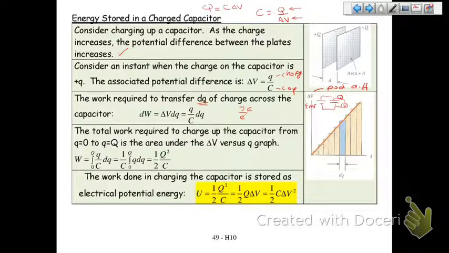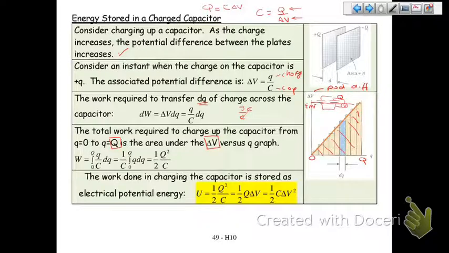The total work done to charge up the capacitor from 0 to big Q is the area under this graph, where this is 0 and this is big Q. The common mistake is, because you're given big delta V and you're given big Q, to multiply those two together. If you did, you'd be taking that square, which is clearly not what's going on. We've got to recognize that as this Q increases, my voltage increases, so it's a triangle.